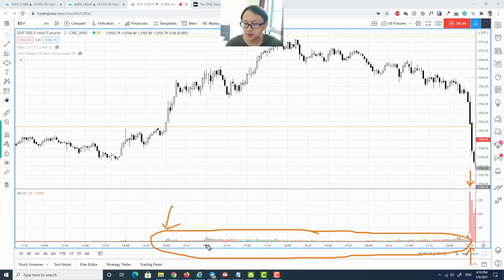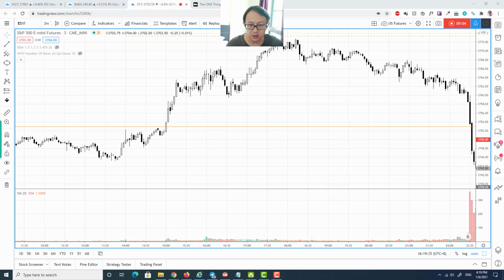So definitely you will see a huge difference in volume. And if you compare it to the Asian session or the European London session, you can see the volume is very different as well. We definitely want to compare apples to apples, oranges to oranges. It's just not feasible to compare the European session to the US session.